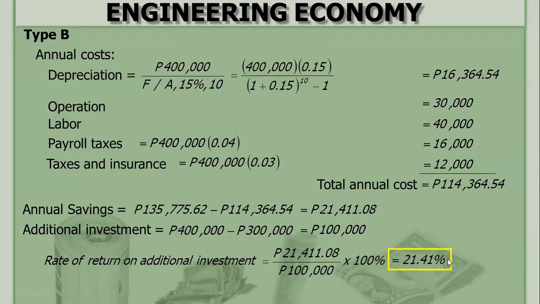So therefore, type B is selected, because the computed ROR is bigger compared to the required ROR. So for this method, type B is selected. And for the other methods, it should also be type B.